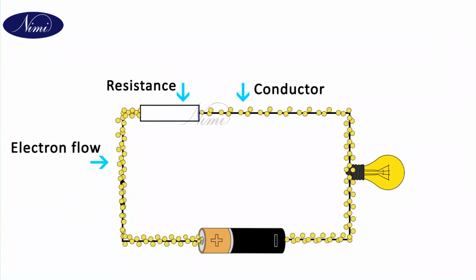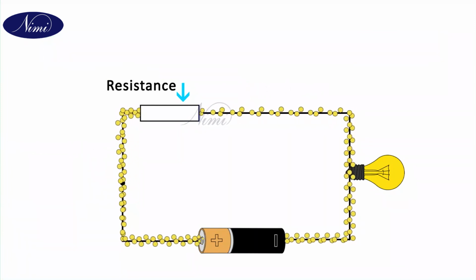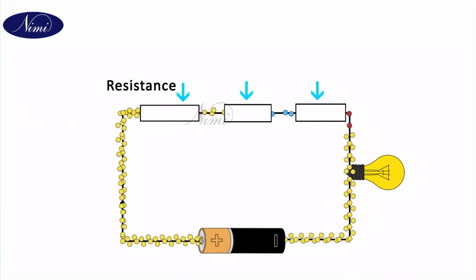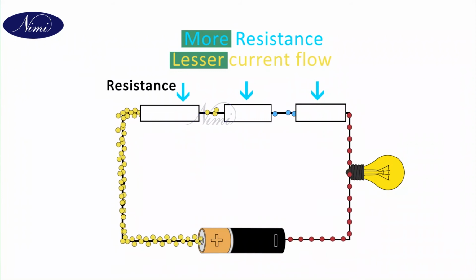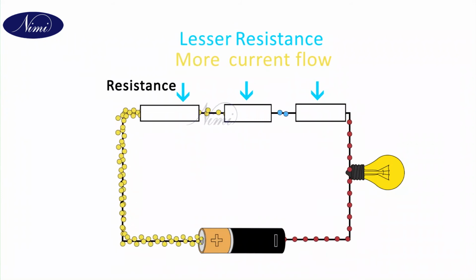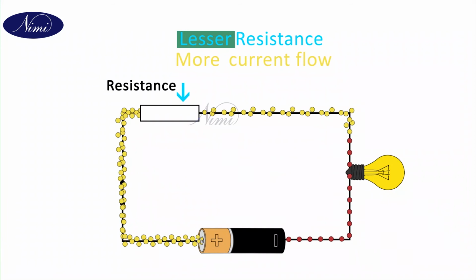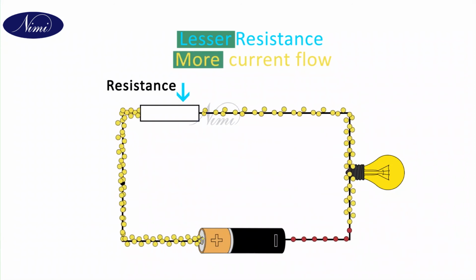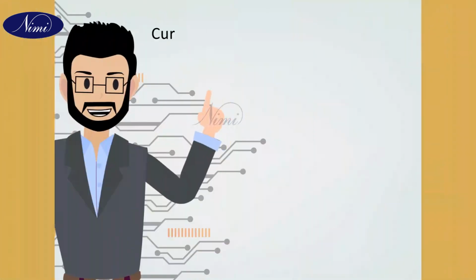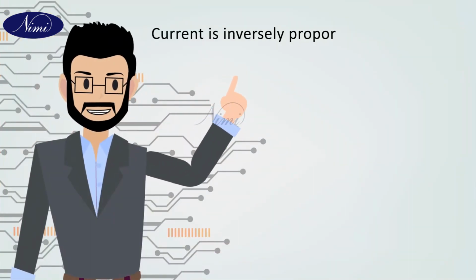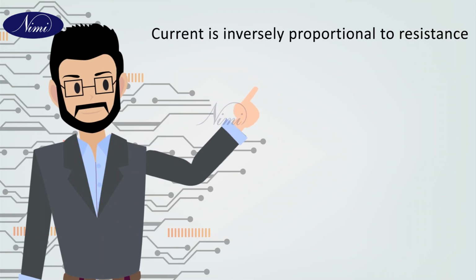In some materials, the resistance will be high, so the current will be low. More resistance will cause lesser current flow, and lesser resistance will cause more current flow. Therefore, current is inversely proportional to resistance.